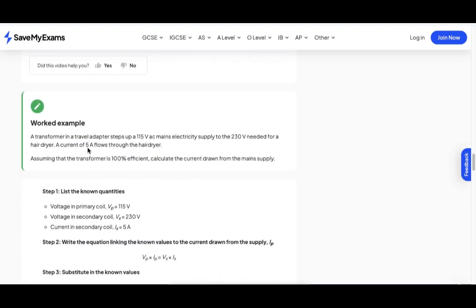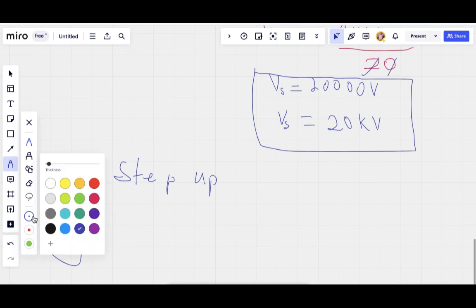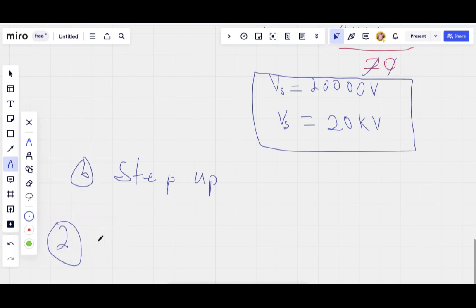A transformer in a travel adapter steps up a 115 volt AC mains electricity supply to 230. So we write that as question number 2. Let's use the purple color.